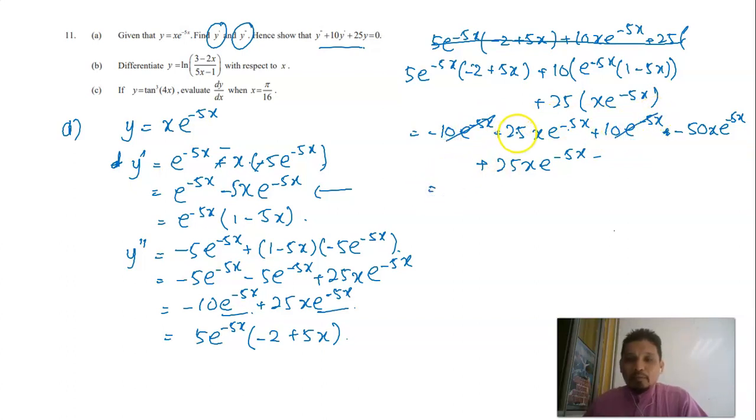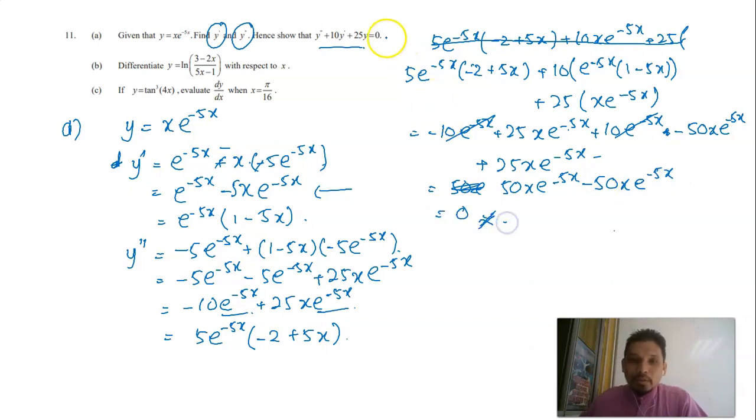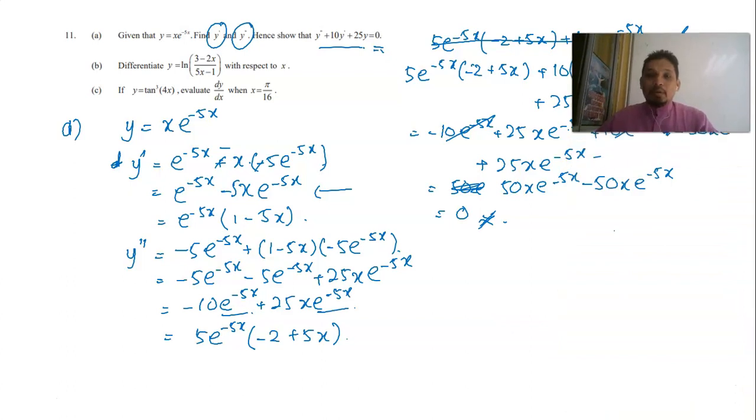And then 25 plus 25 is 50x e to the power of negative 5x, minus 50x e to the power of negative 5x, and that equals 0. Get it? Okay.